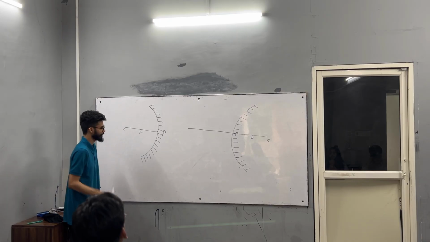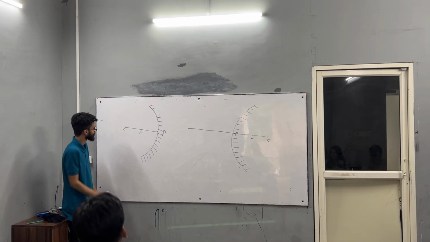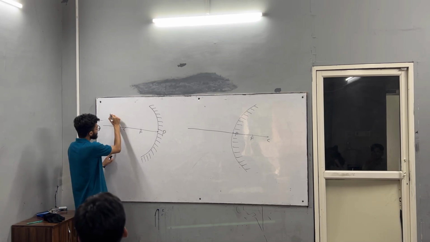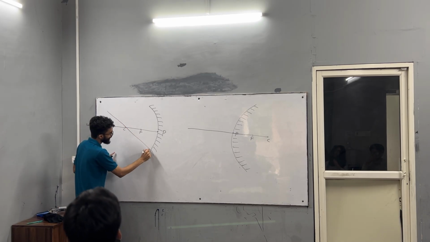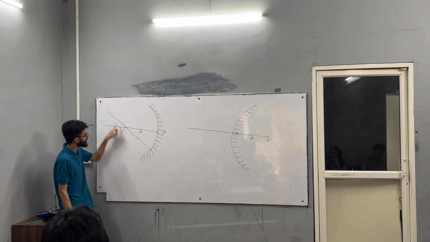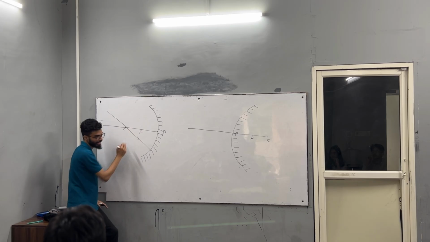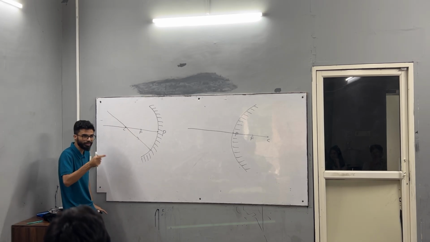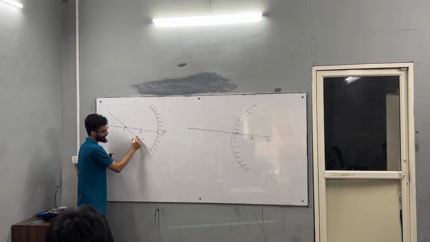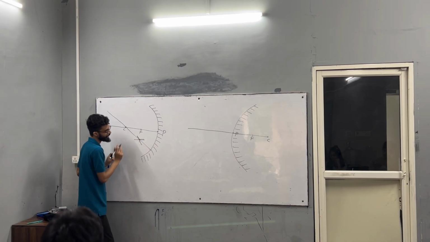चलेगा? Now everyone look here. The first scenario is if the incident light ray is passing through the center of curvature. If this incident light ray is passing through the center of curvature of the mirror, it will be reflected back in the same trajectory. मतलब ये incident ray और यही reflected ray.